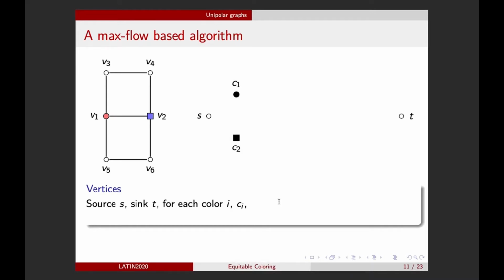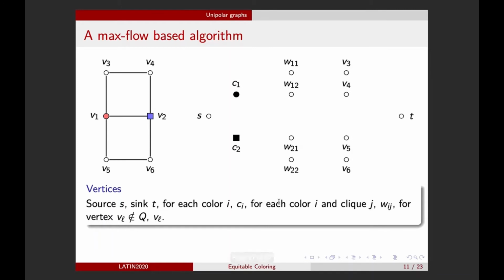The first set of vertices represents the colors that we use on the central clique. The second layer of vertices represents a pair of color and clique, and they exist so we can control that in each clique only one vertex gets a color c_i. For instance, we can have V3 and V4 with the color green.